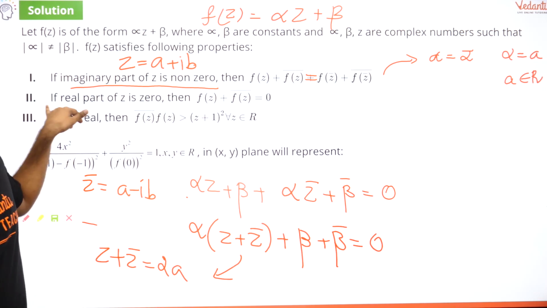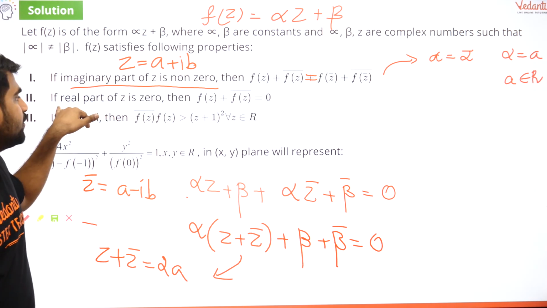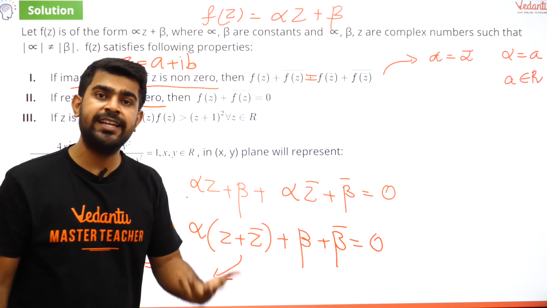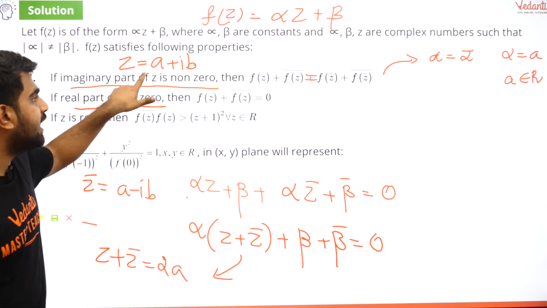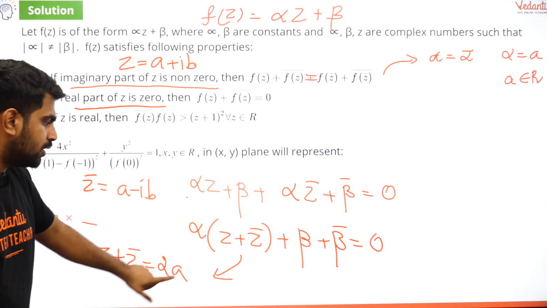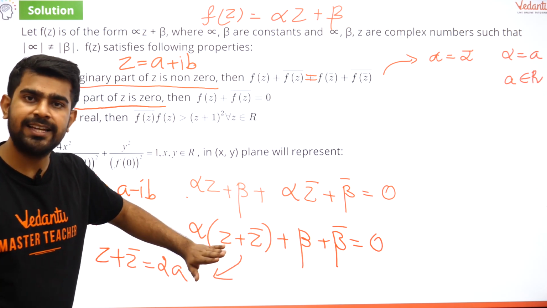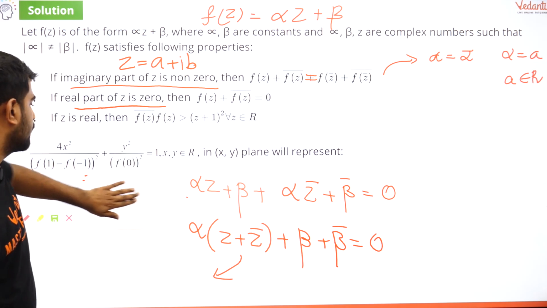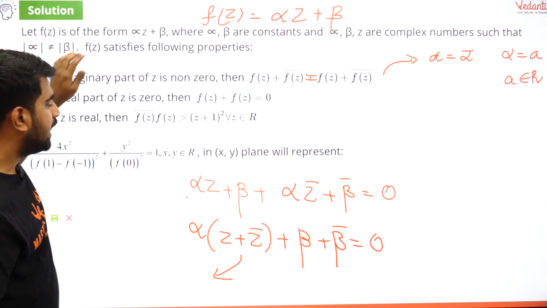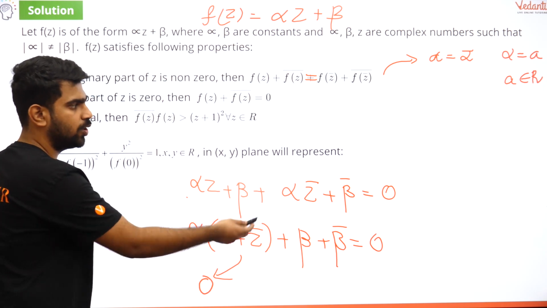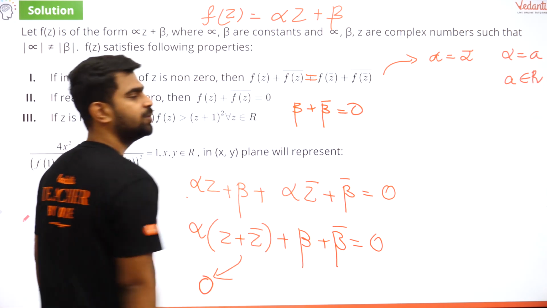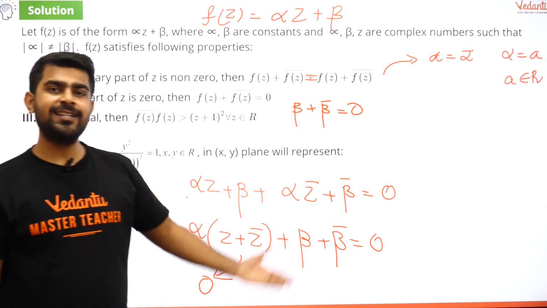Now in the second part of this question, I have if the real part of z is 0. What do you mean? We say that a is 0. So if a is 0, z plus z bar is 0. Are you all clear with me? Got it? Perfect, guys. So now after I know that this is 0, I get beta plus beta bar is equal to 0.